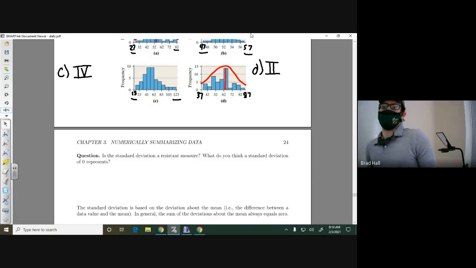So what are the people who are saying yes saying? If you're saying yes, it's resistant, what does that really mean? What does that definition mean?